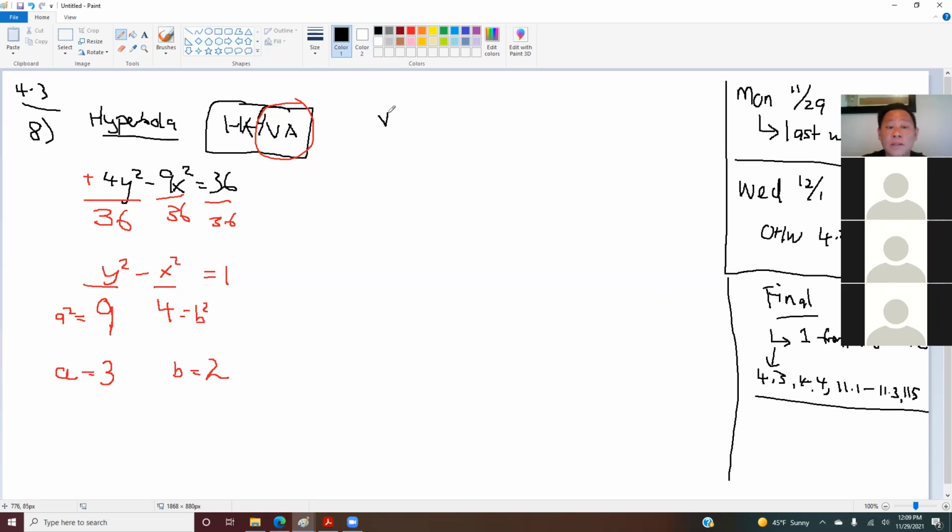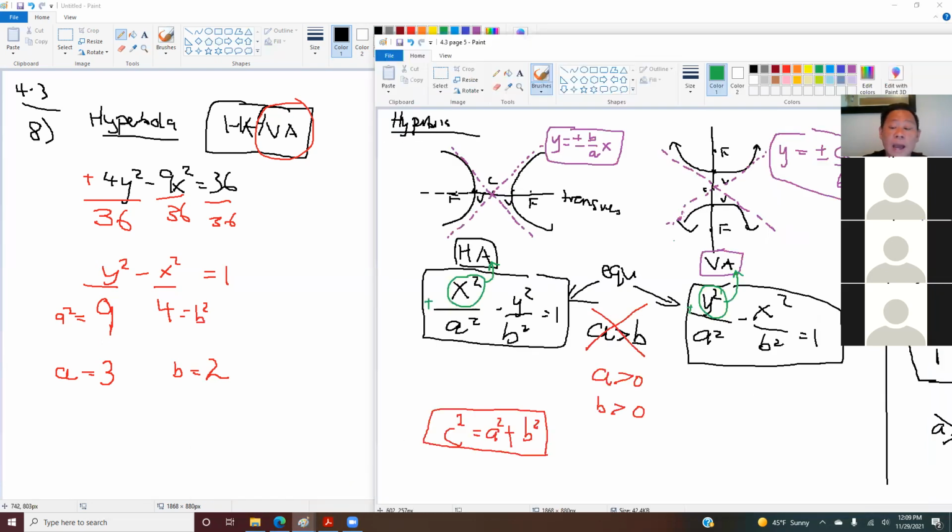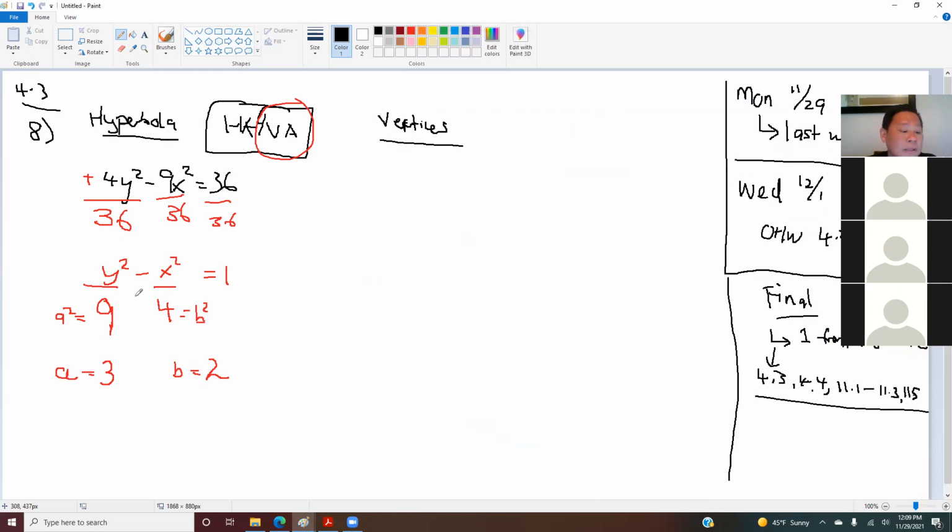The question wants us to find the vertices in this case. So if you look at your picture, this is your vertex, and is that based on A or B? Your vertices, is that based on A or based on B?